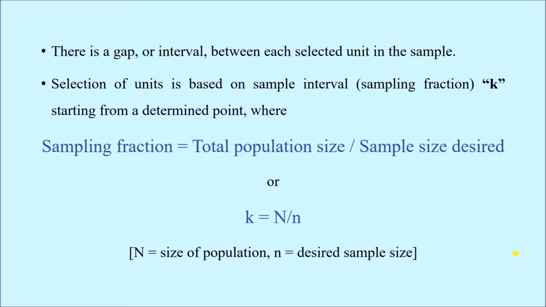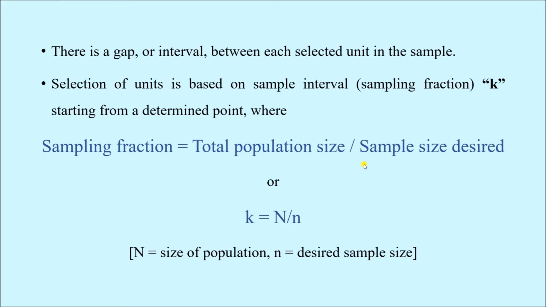Now we just mentioned that a particular gap or interval has to be maintained between samples which are being selected. This gap or interval is known as sample interval or sampling fraction, sometimes denoted by the letter small k. So what is sampling fraction? It is basically total population size divided by the sample size desired.